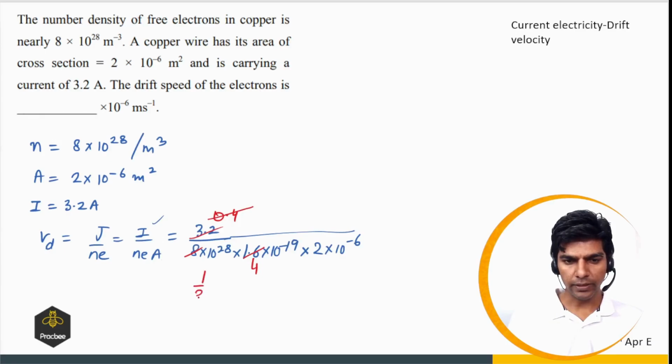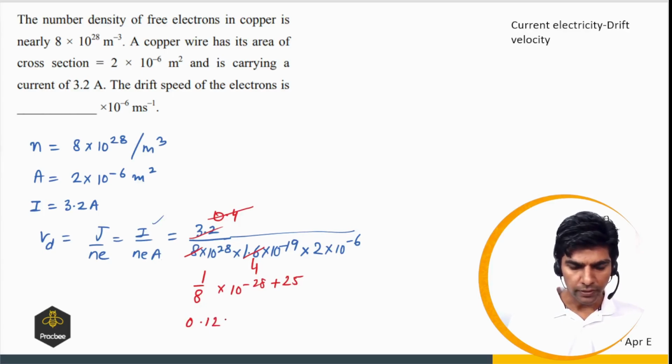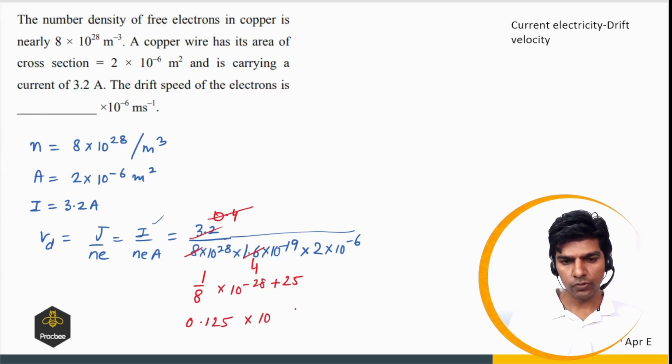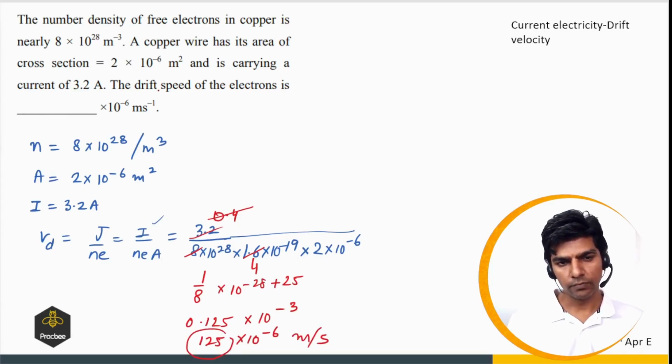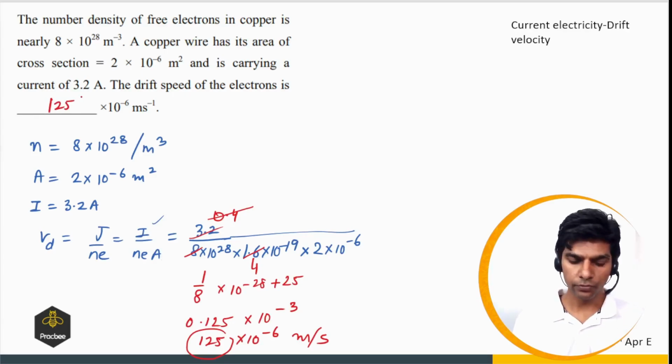So we have 1 by 8 into 10 raised to power minus 28 plus 25, which can be written as 0.125 into 10 raised to power minus 3. We have to find the drift speed in terms of micrometer per second, so that can be written as 125 into 10 raised to power minus 6 meters per second. So we have to fill the blank, which is 125. So 125 is the answer of this question.